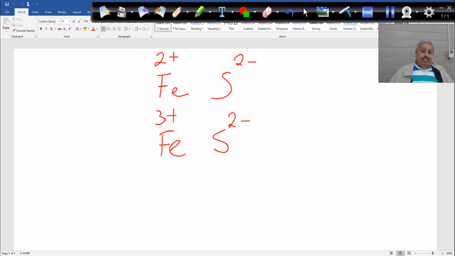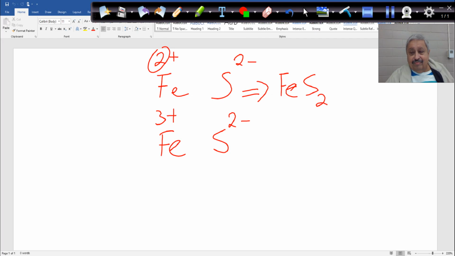So when we combine those together, we have to swap. The 2 of iron will come underneath the sulfur, and the 2 from the sulfur will go underneath the iron. Well, nature will not support this type of molecule. It is always divided by the common number, which is 2.